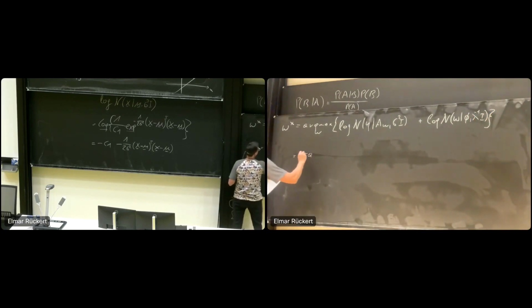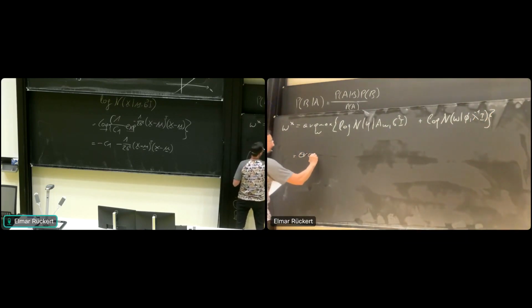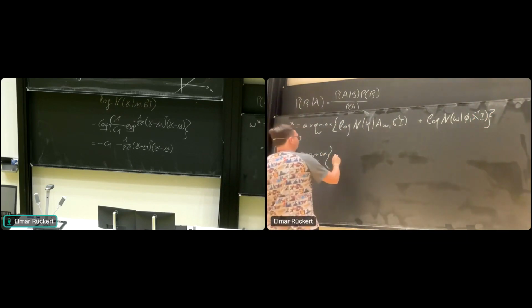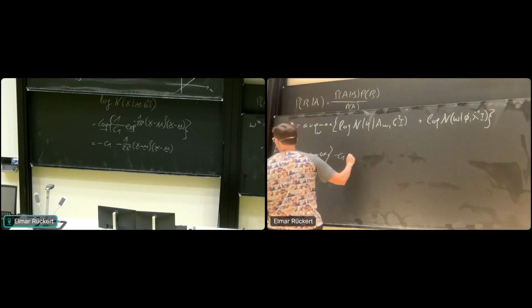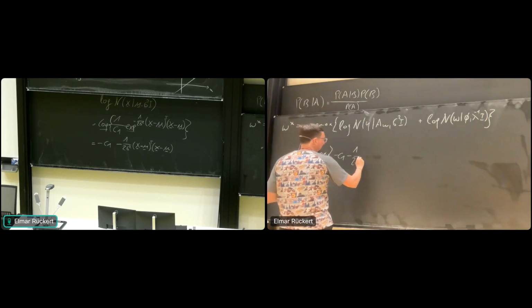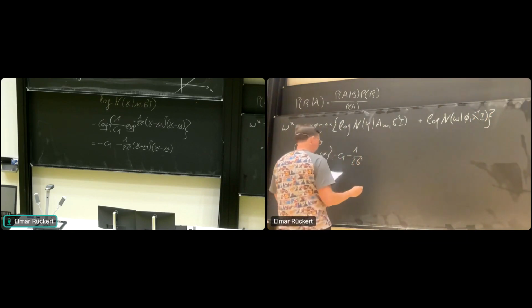So this is the argmax over W of, then we had minus C1 minus 1 divided by 2 sigma squared.